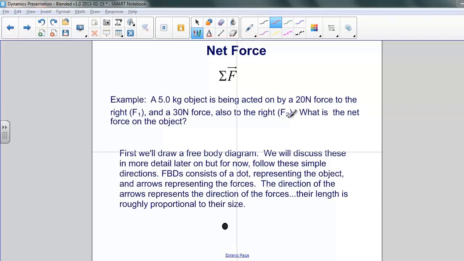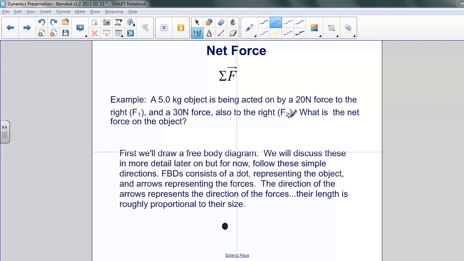So let's go on with the problem. The first thing we need to do is draw a picture. What exactly is going on? We're going to do something using a thing called a free body diagram. We're going to introduce those or go into those in more detail later. But right now, we're just going to draw a dot to represent the object.